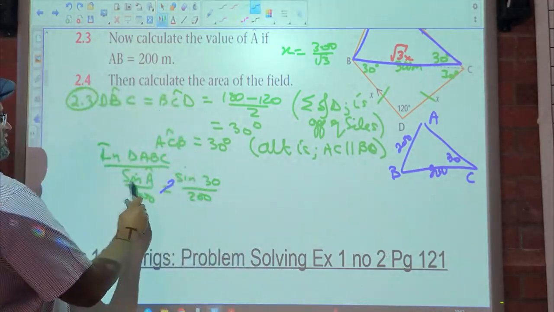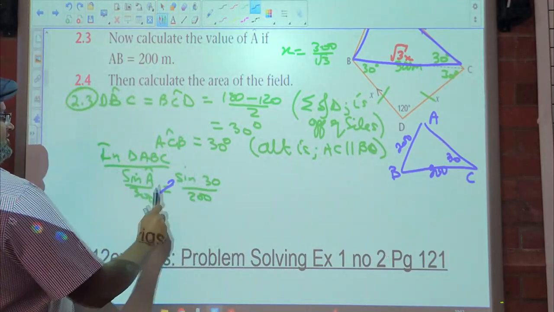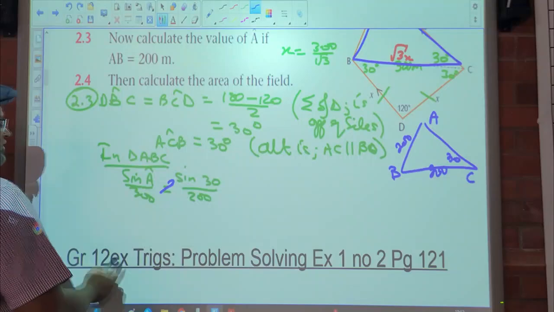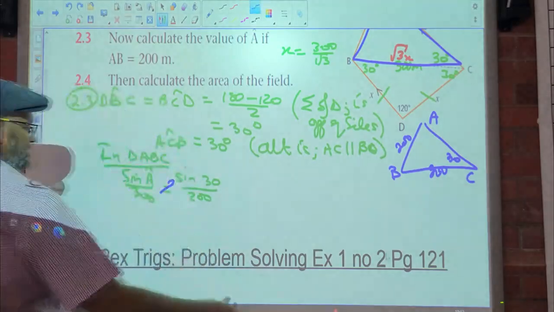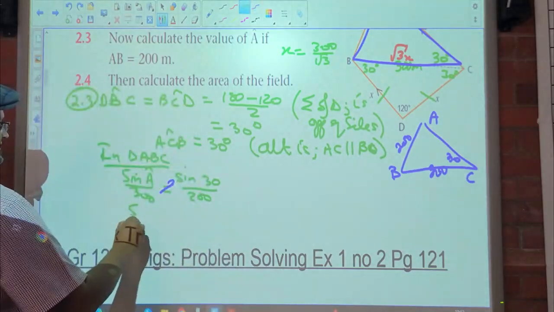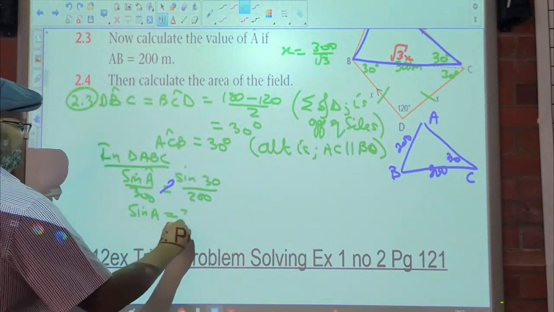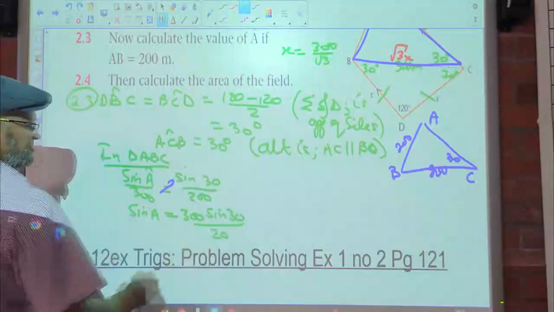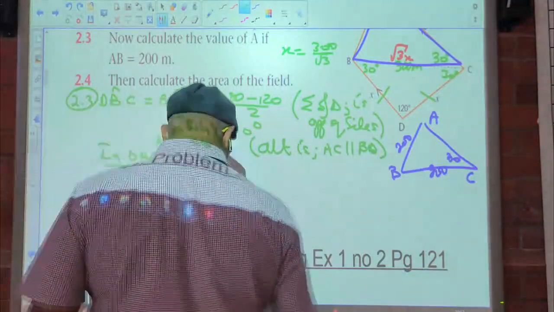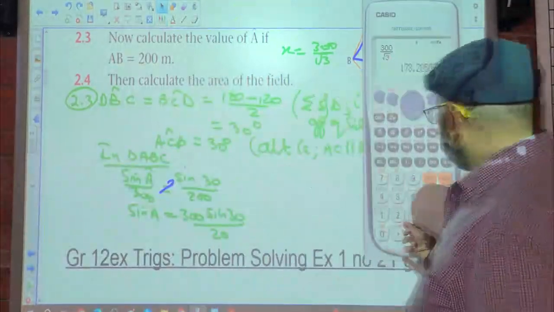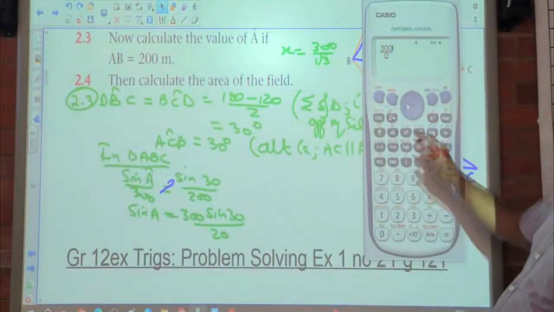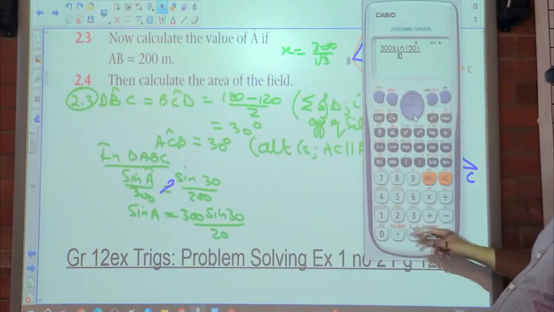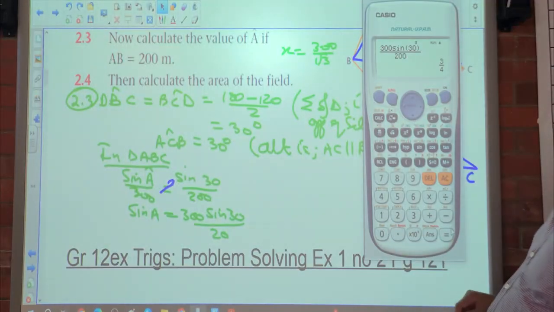If you cross multiply, we have 200 sine A is equal to 300 sine 30. Then you divide by 200 both sides, and you will end up with sine of A is equal to 300 sine of 30 over 200. Let's work that out. That is 3/4.